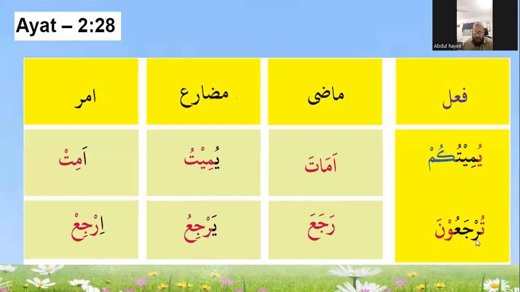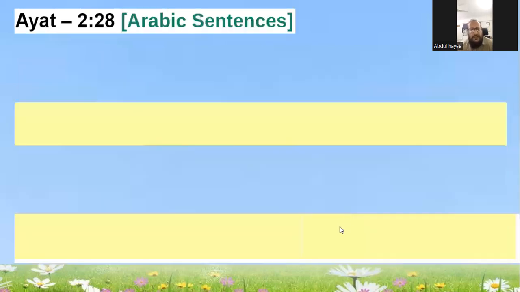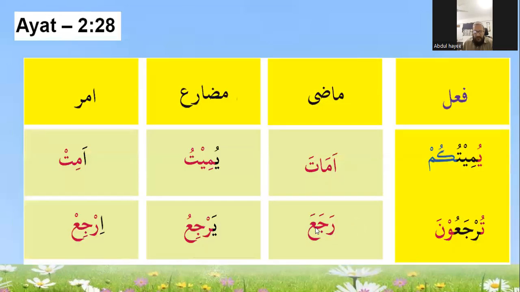So what are the root letters? Ra, jim, ain. Here the first letter and the last letter of mazi always have fatah. So we got the two fatahs. Now this jim is left. Now we have to look at what sign it should have. We go here. Look, on jim fatah. So put fatah. So you got the mazi.